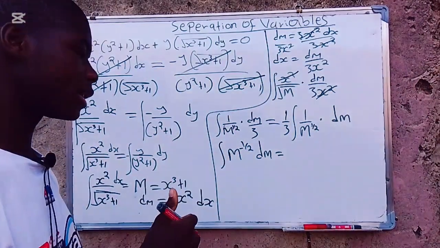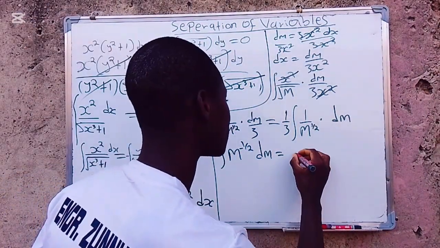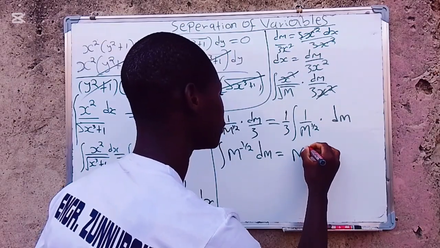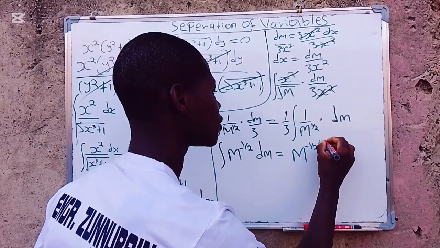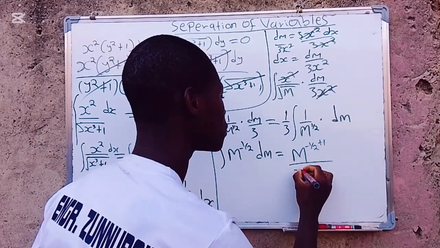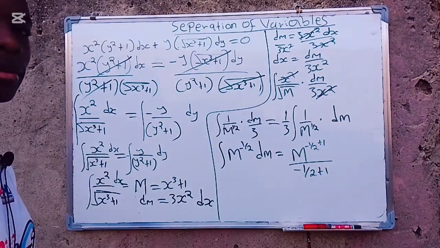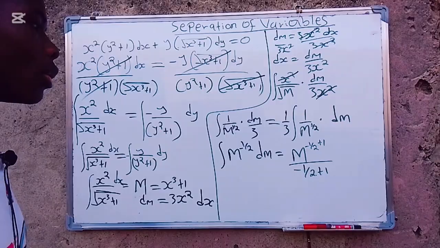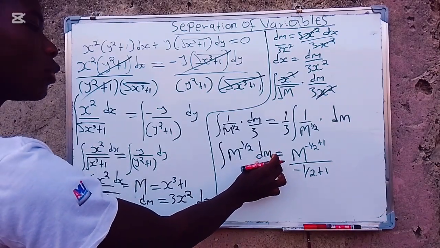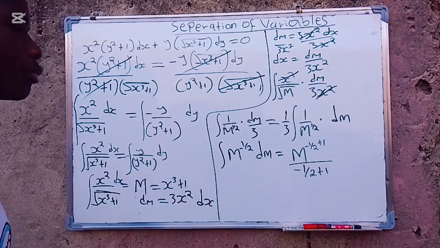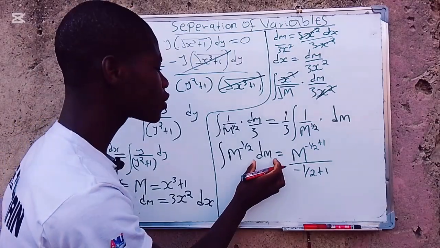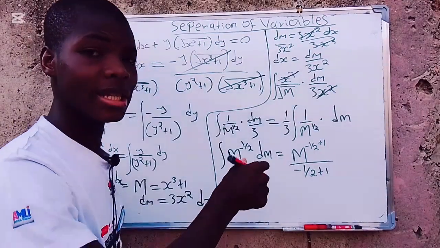Now I'm free to integrate m raised to the power of negative a half. To integrate this, I will say m to the negative a half plus 1, divided by the whole of negative a half plus 1. I am integrating with respect to m, so there is no need to put dm again.